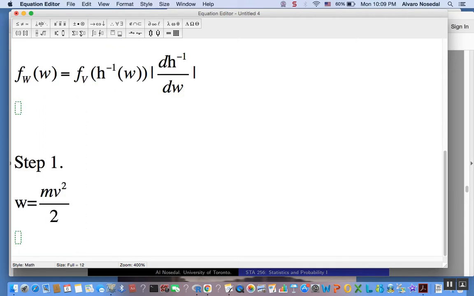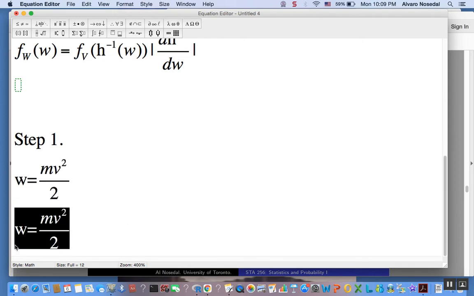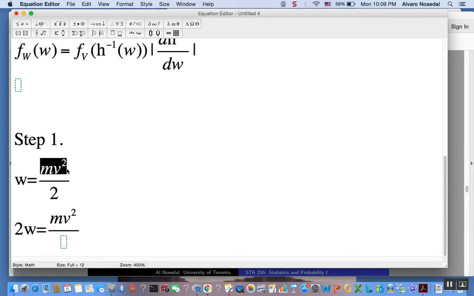So we multiply on both sides by 2, right? Then we end up with just mv squared. We divide by m on both sides.